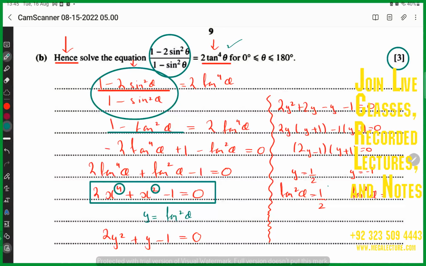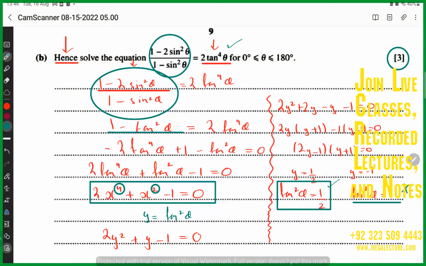So this equation is fine, but tan squared theta cannot be equal to something negative, right? So for this part, we are just going to consider the first equation, this one, because the other won't be correct. When you take the square root on the other side, this would turn out to be wrong.